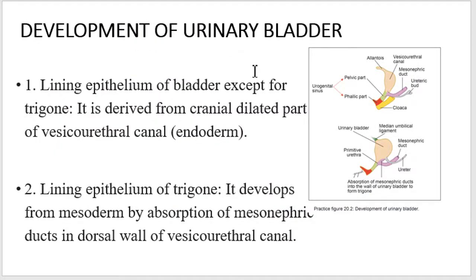The epithelium of the bladder, except the trigone, is derived from the endoderm of the vesicourethral canal. And the epithelium of the trigone develops from the absorbed part of the mesonephric duct in the dorsal wall of the vesicourethral canal.